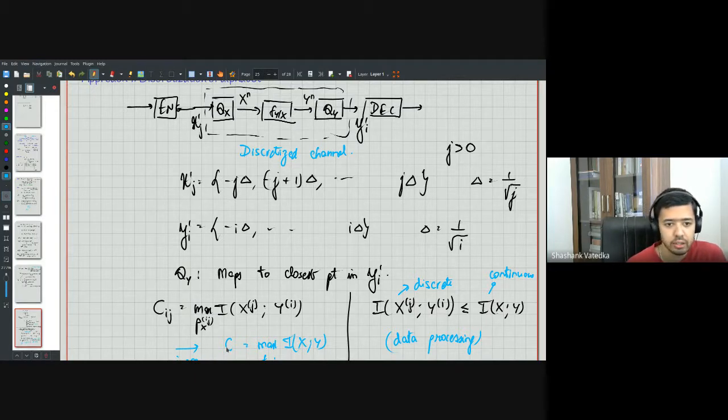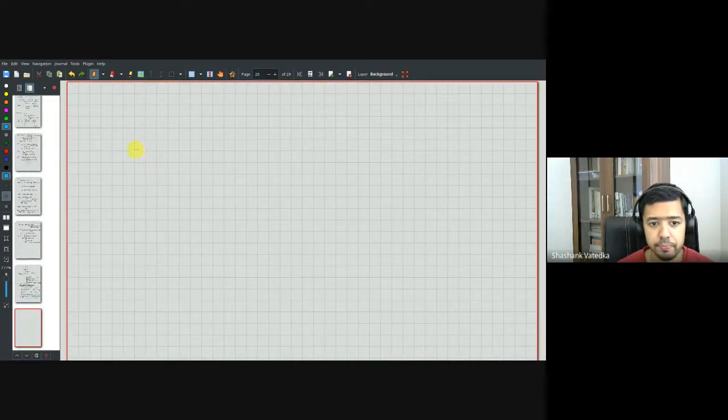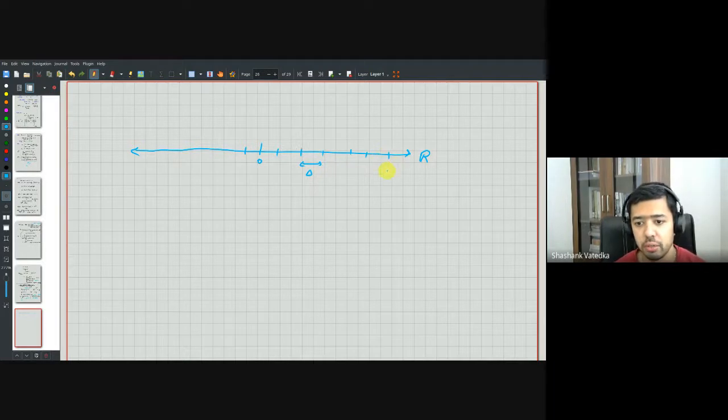So you have all of R, from minus infinity to plus infinity, and you're quantizing at regular intervals. The spacing is delta, and you're going all the way up to j times delta from minus j times delta.